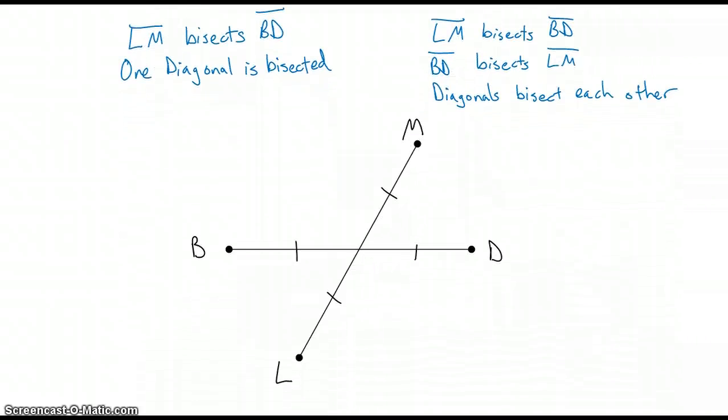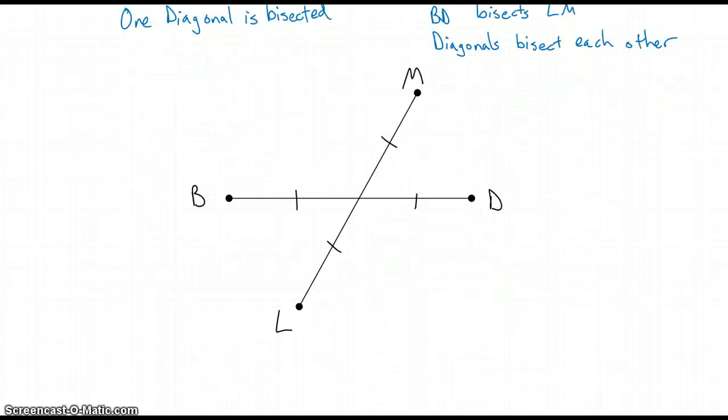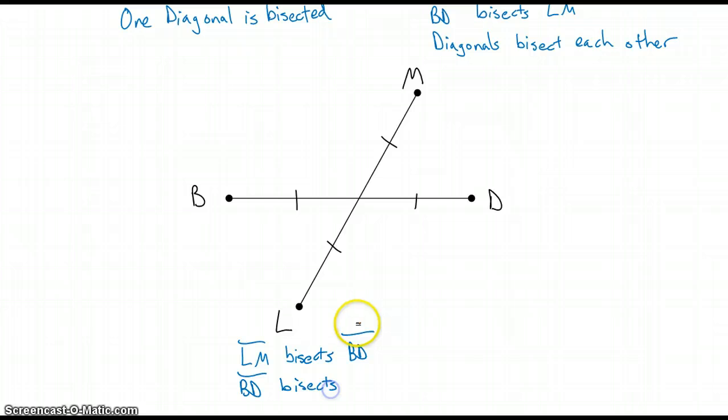In the last example, this segment of BD is congruent to this segment of BD, and this segment of LM is congruent to this segment of LM. So again, LM bisects BD, and BD bisects LM.